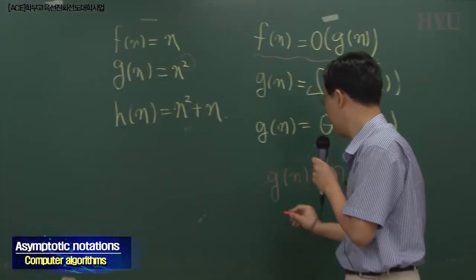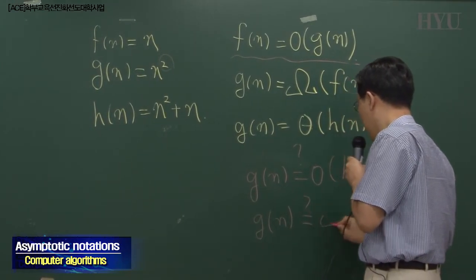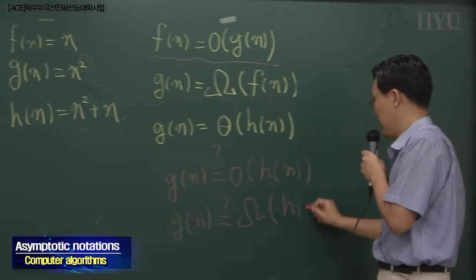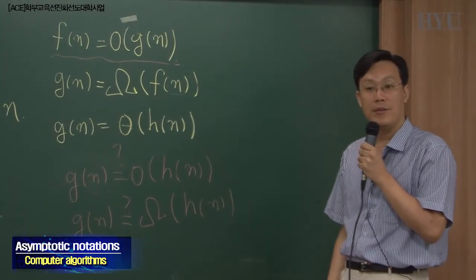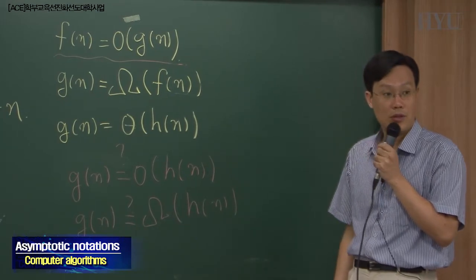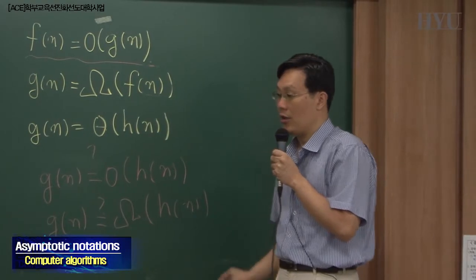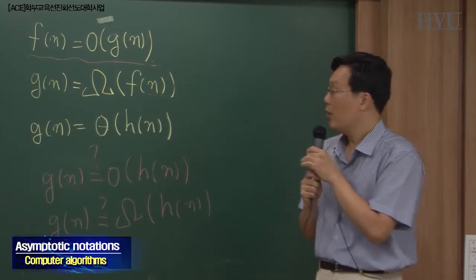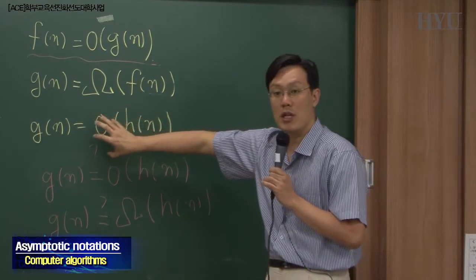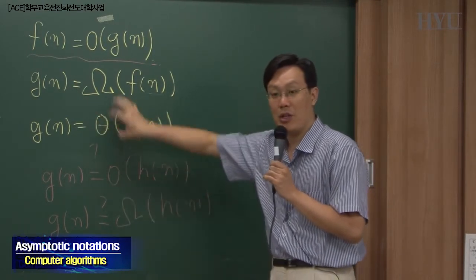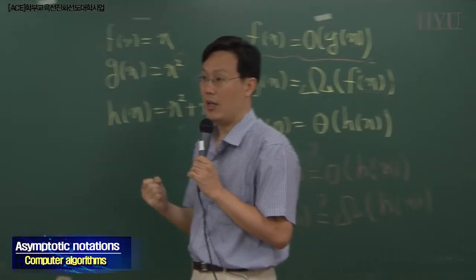And is this true? True, yes. If the degrees of two polynomials are the same, then we can use all of these notations. Theta, big O, and big omega.